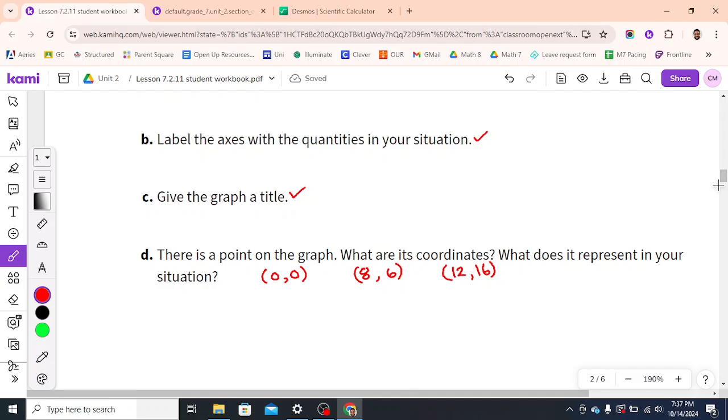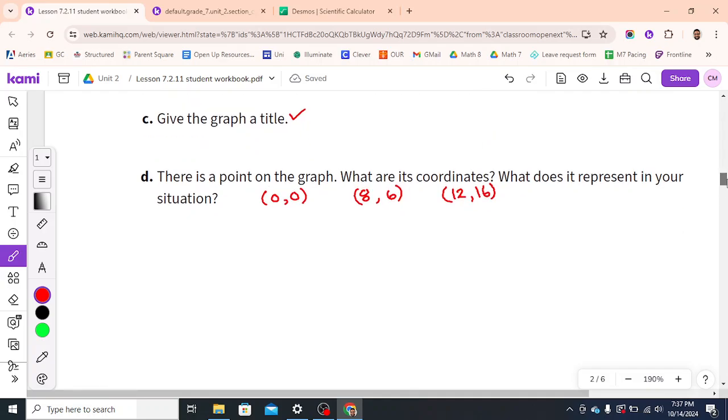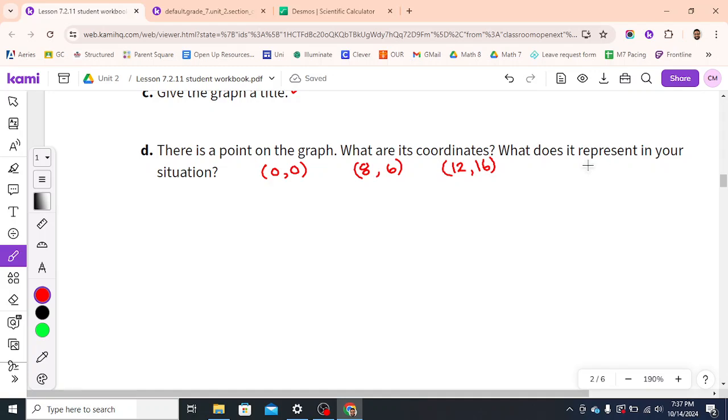So let's see, what does it represent in your situation? We talked about that, pay. Let's go ahead and figure out what our scale value, constant of proportionality, is. So 0, 0 is not going to be good. K is equal to Y over X. Let's use this one here, 8 and 6. Remember, X is the 8, 6 is the Y. So we're going to say 6 over 8.